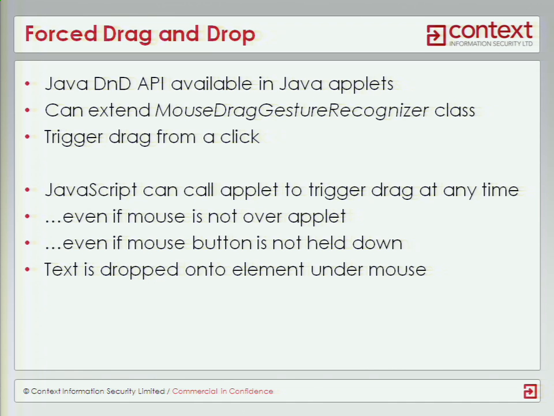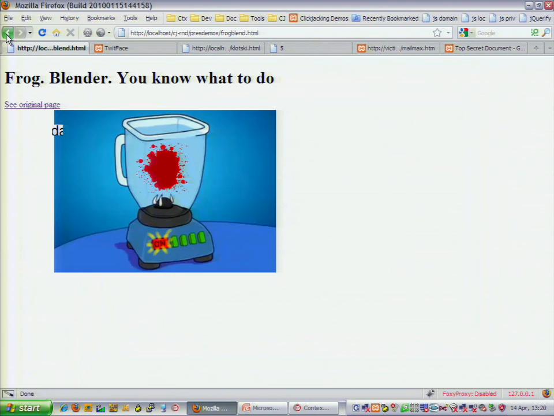The web page would say, start a drag and drop with this text, and wherever the user's mouse cursor is, the text will be dropped onto that area. So if it's over a text field inside a hidden iframe, then the text will be entered into there. I'm just going to show you how that works. This is pretty fun.